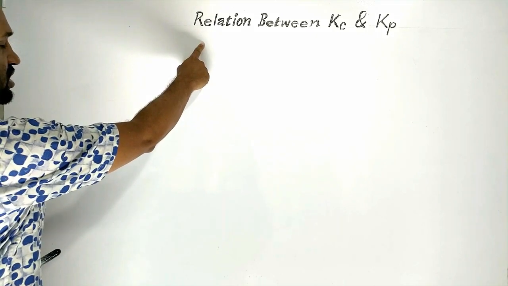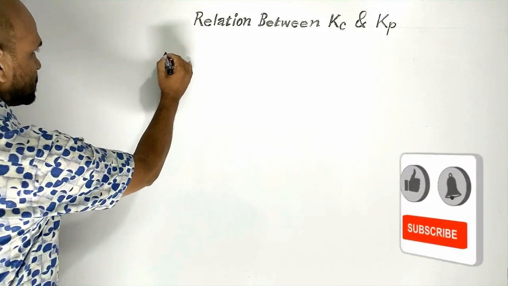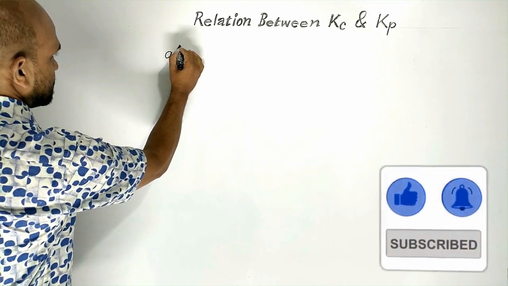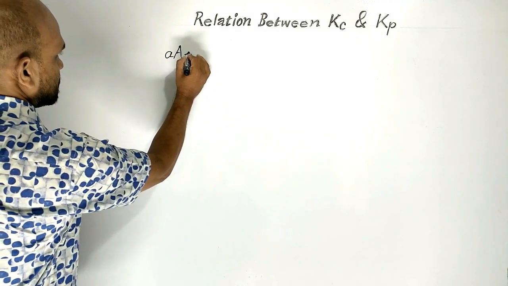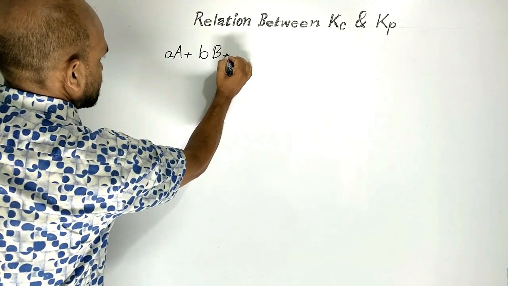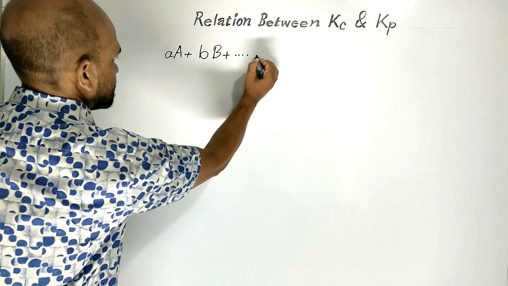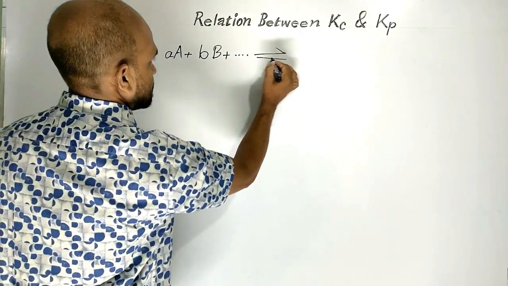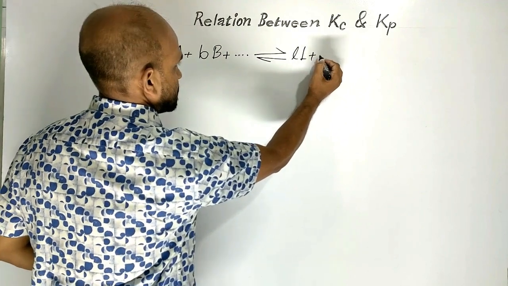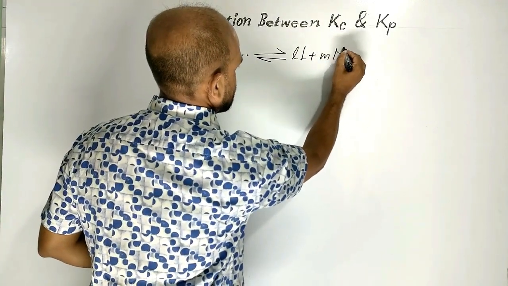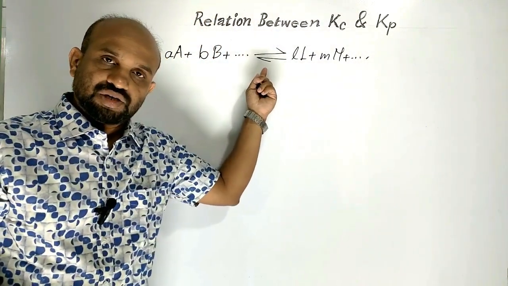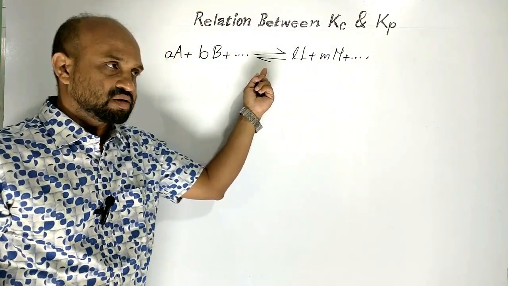Relation between Kc and Kp. Let us consider a general reversible reaction.